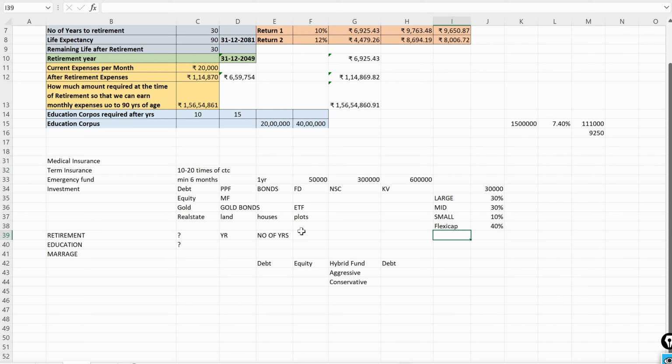So next time, I think the video will be long if we proceed now with all the discussion on which mutual funds we have to consider for large cap and which for mid cap.